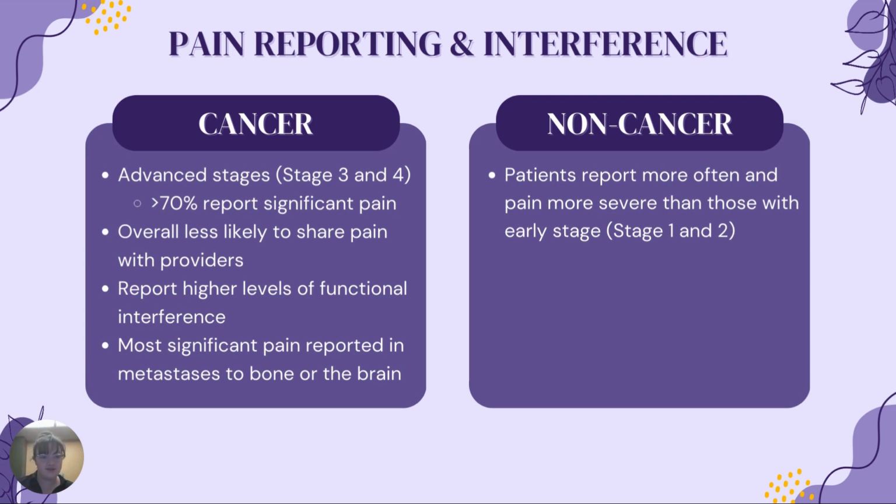For non-cancer related pain, those with chronic pain that's not related to cancer tend to report pain at a higher rate and more severe pain than those with early stage cancers, thinking stage 1, stage 2. On the opposite end, those with later stage cancers, stage 3, stage 4, and those with metastatic disease tend to report pain that's more significant or more disabling.